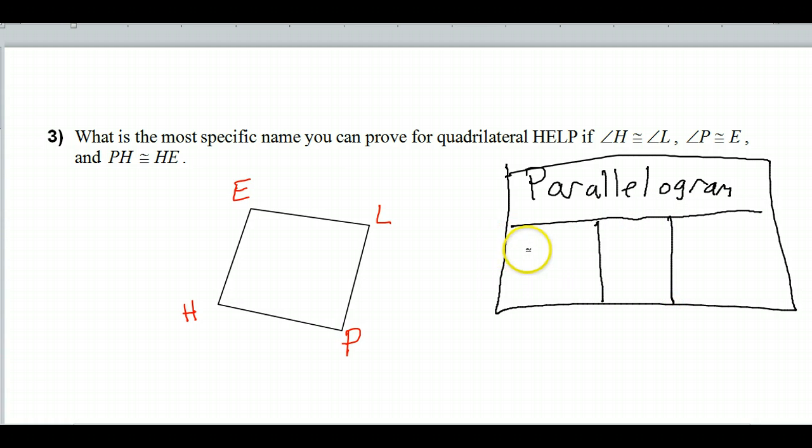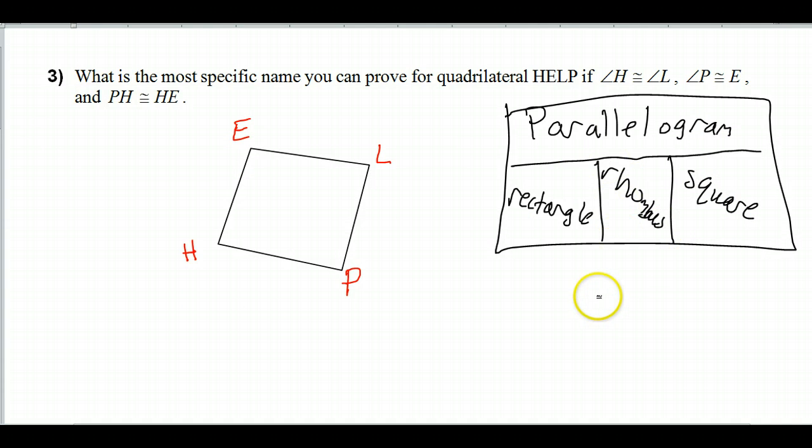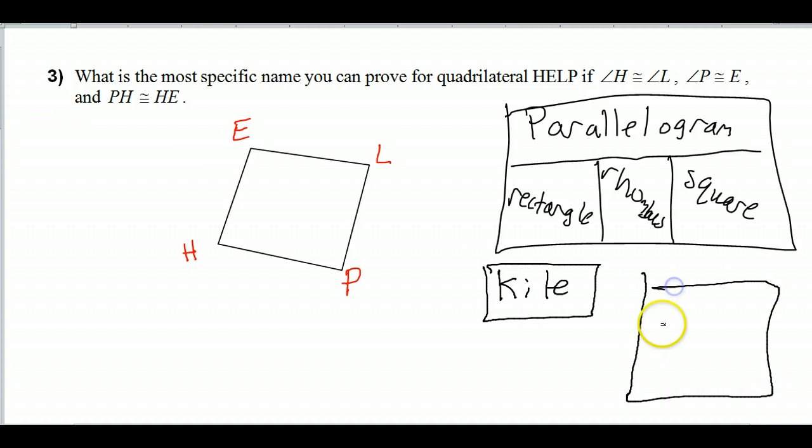Okay, it could be a rectangle, a rhombus, or a square. So that's 4 things so far. Or it could be a kite, which is kind of its own thing. Or it could be one of the trapezoids.